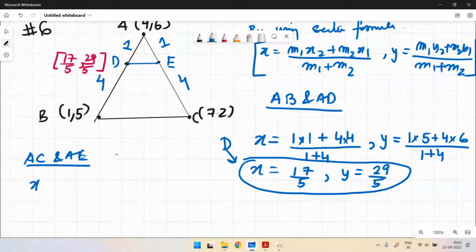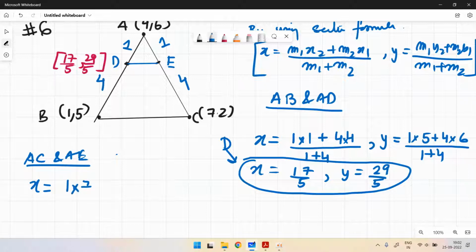So x equals m1 x2, m1 is 1, x2 is 7, plus m2 is 4 and x1 is also 4, by 1 plus 4.